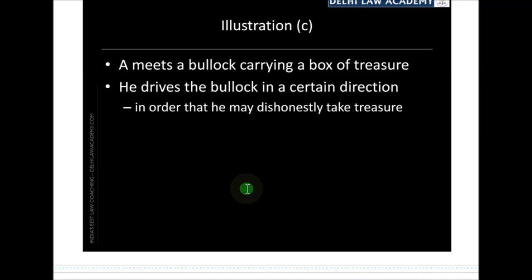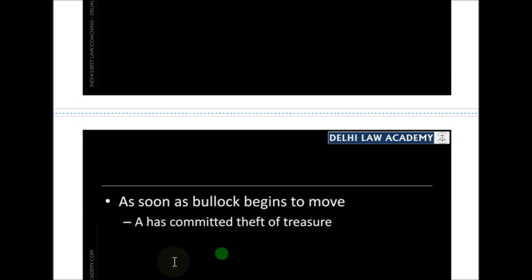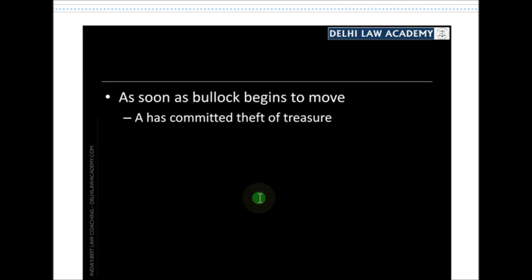But even then, the answer which is given in the IPC is that as soon as the bullock begins to move, A has committed theft of treasure. So the student will note that it is not necessary that the treasure itself has to be moved. In this case, the treasure was on the bullock and the bullock has been moved by A, and this moving of the bullock amounts to theft of the treasure.